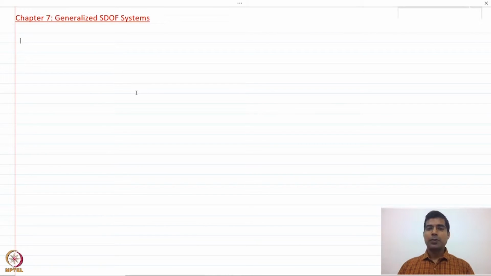So in order to get the response of this system, we need a method through which we can simplify a continuous system to a single degree of freedom system. Okay, so if you have a beam column, how can we simplify that to a spring mass damper representation?